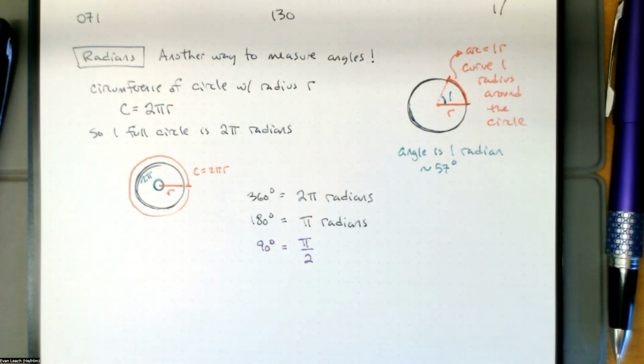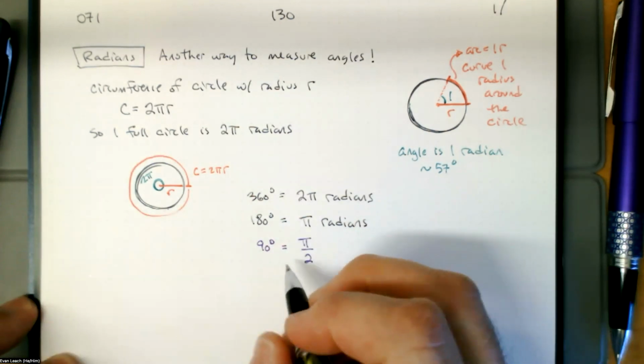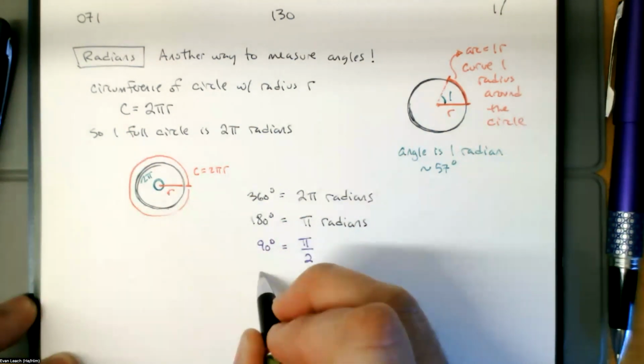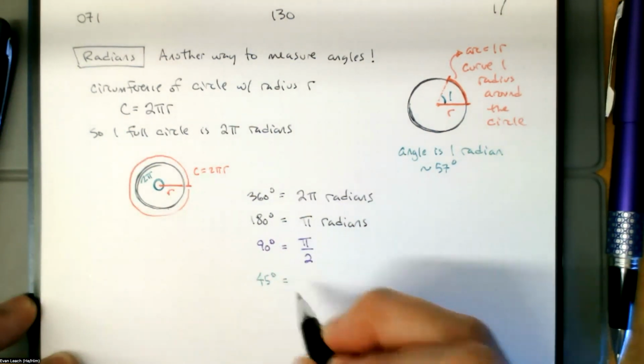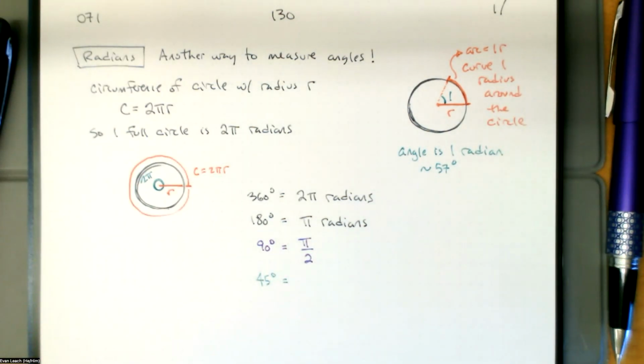If I cut 90 degrees in half, I get 45 degrees. If I cut pi over 2 in half, what do I have? Not pi to the 4th, but pi over 4, pi divided by 4.